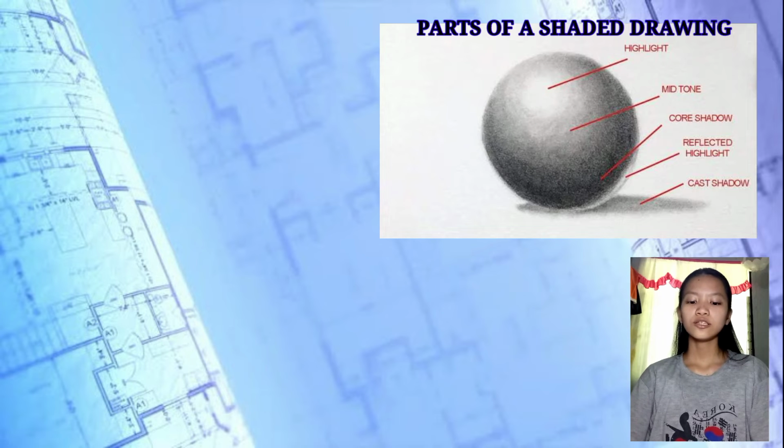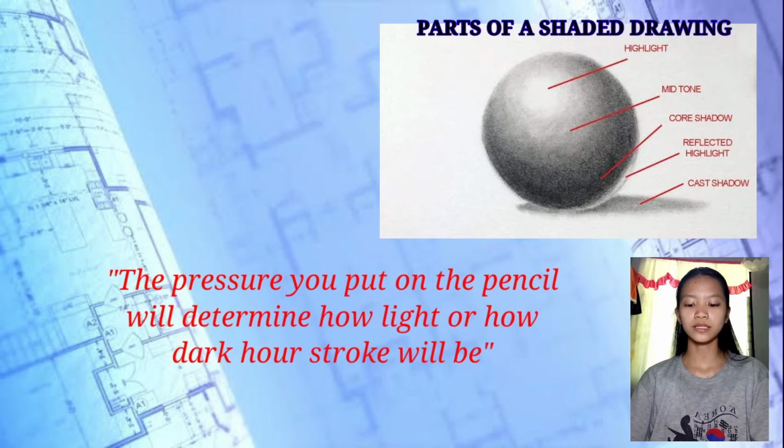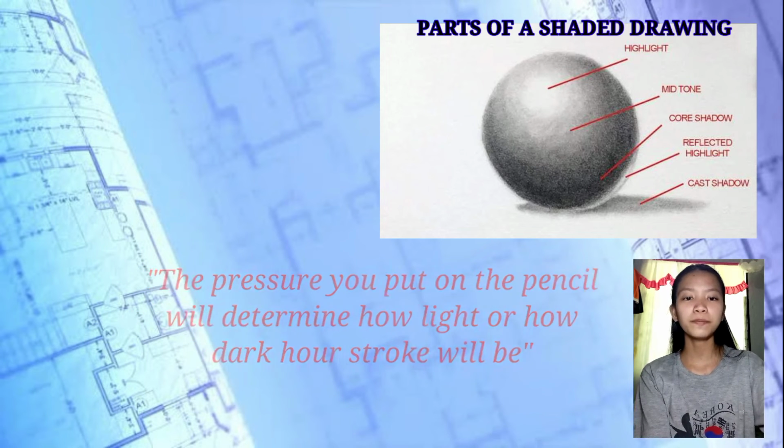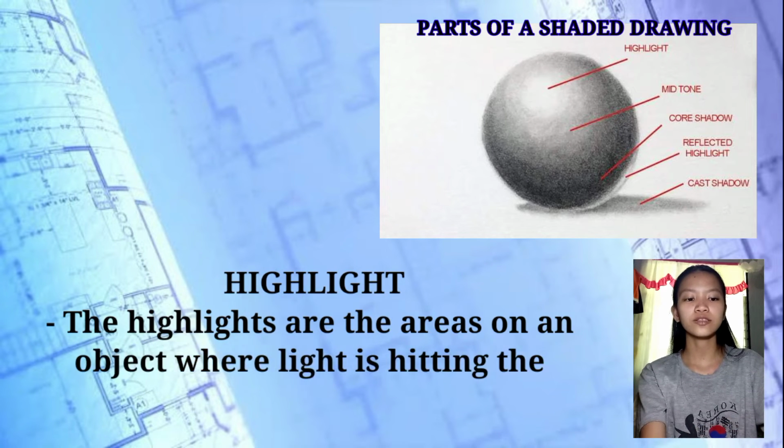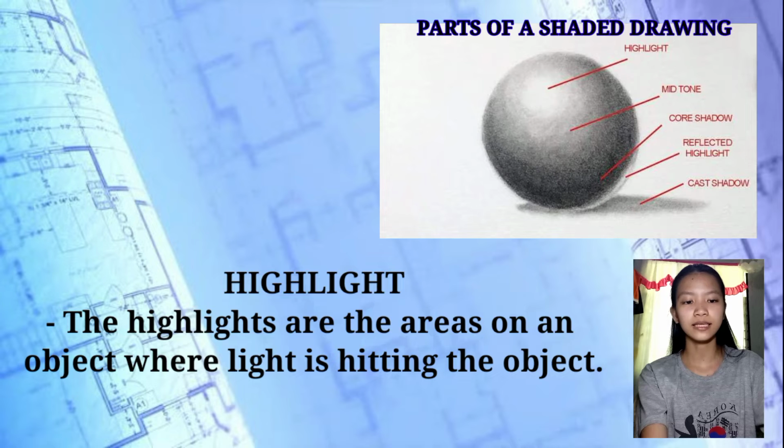So when we say shading, it is the lightness and darkness of your pencil strokes. The pressure you put on the pencil will determine how light or dark your stroke will be. So there are 5 parts of a shaded drawing. So first na yung highlight. The highlights are the areas of an object where light is hitting the object.